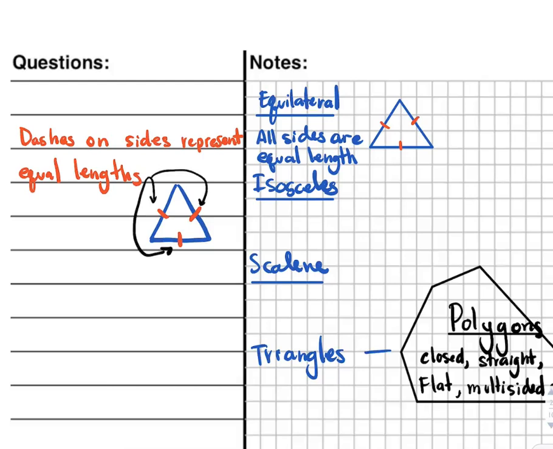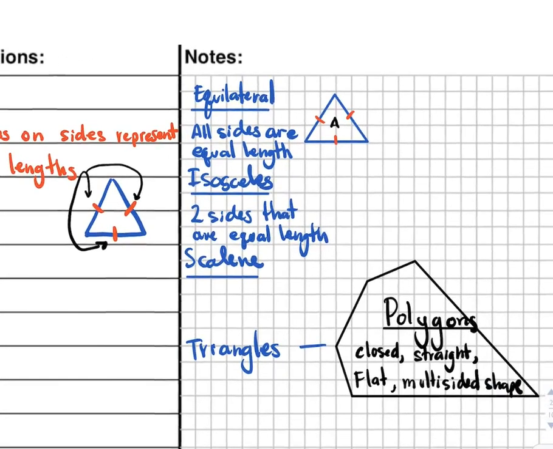All right, keep going. Oh wait, one last thing. In the shape set, example A is an example of what a nice equilateral triangle looks like. An isosceles triangle will have two sides that are equal length. It will look something like this.